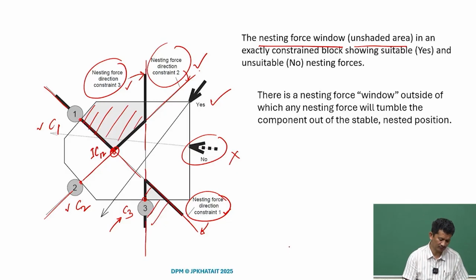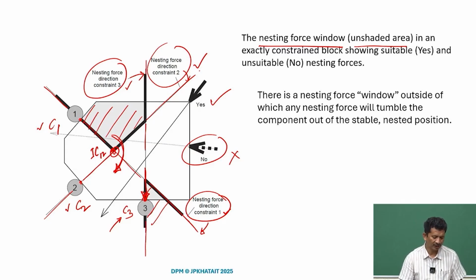How is that possible? One way is to apply a clockwise moment at IC 1 2. We realize that it presses against contact C3. So, this is what is desired.